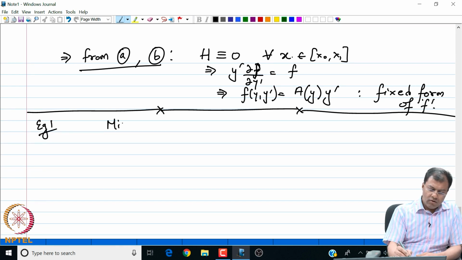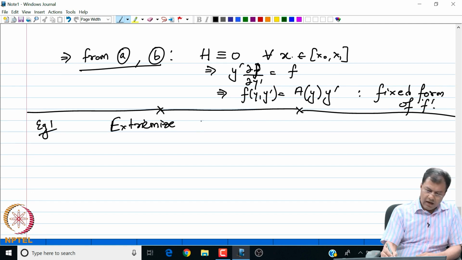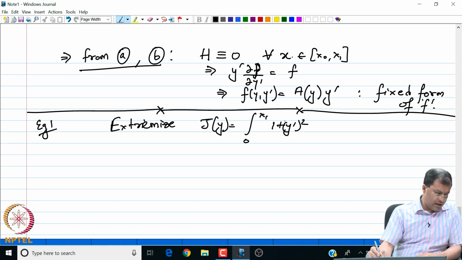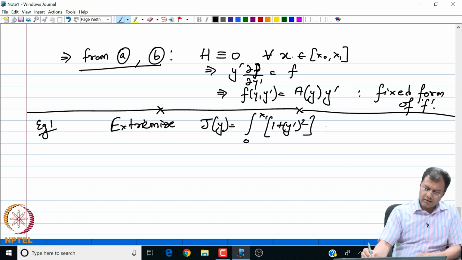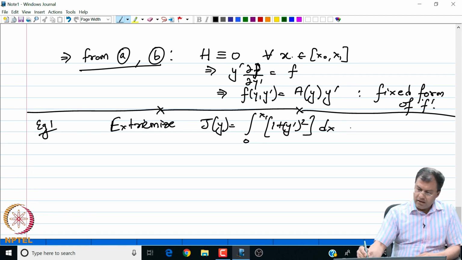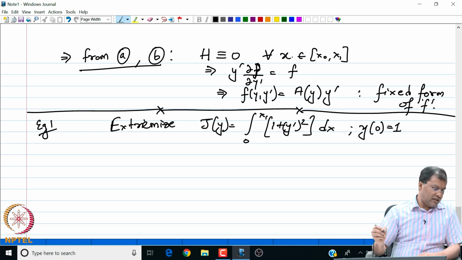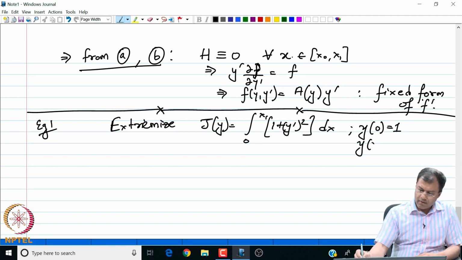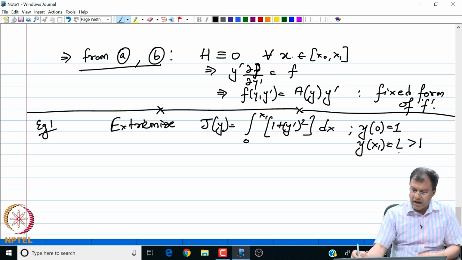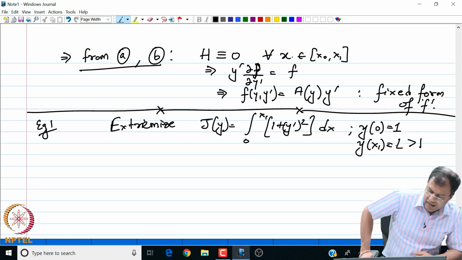So we want to extremize our functional J of y, which is the integral from 0 to x1 of 1 plus y prime square dx. We want to extremize this such that one endpoint is fixed and the other endpoint is also fixed in its y coordinate, but the x coordinate is not.